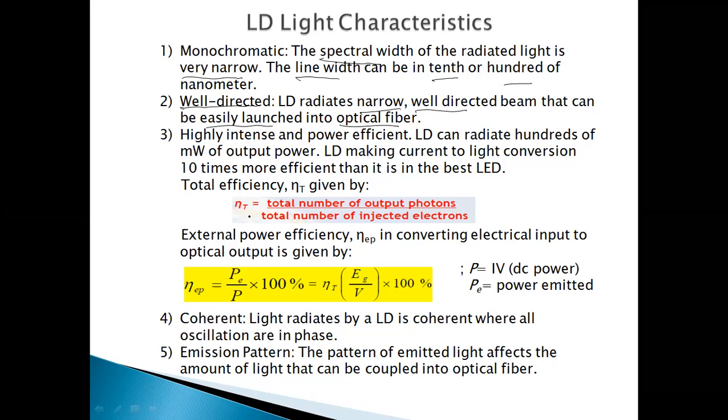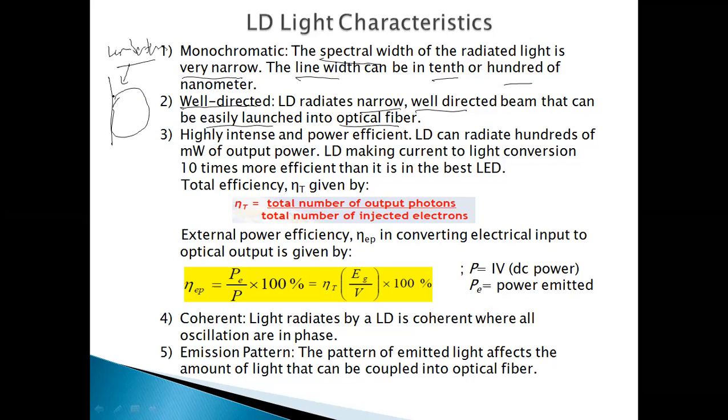In comparison, the power emitted by the LED has a Lambertian intensity distribution, remember? This is the profile of light produced by the LED. You can refer to lecture number 7.